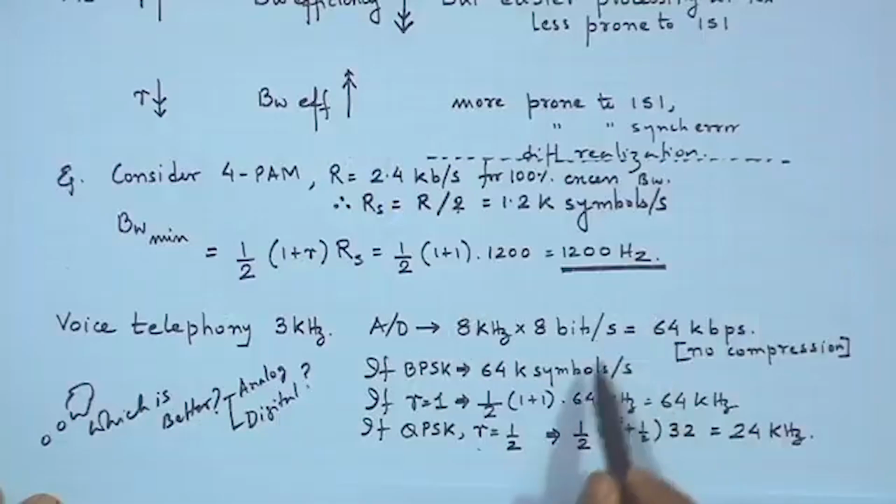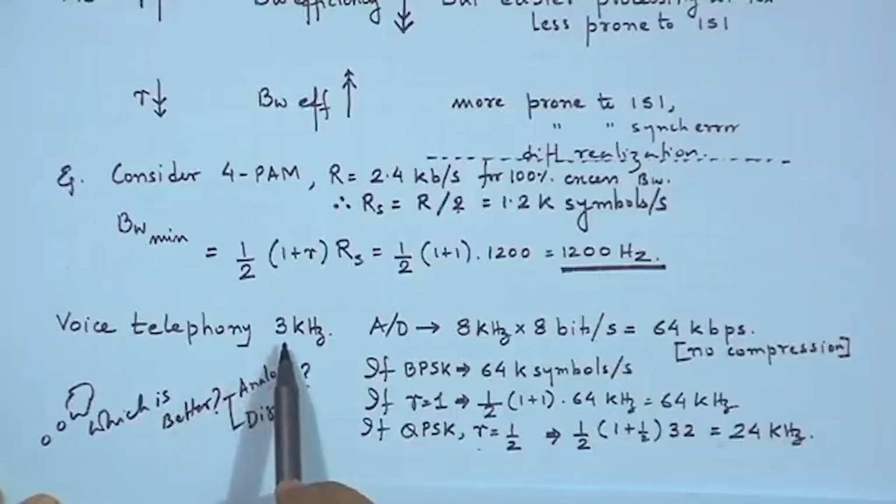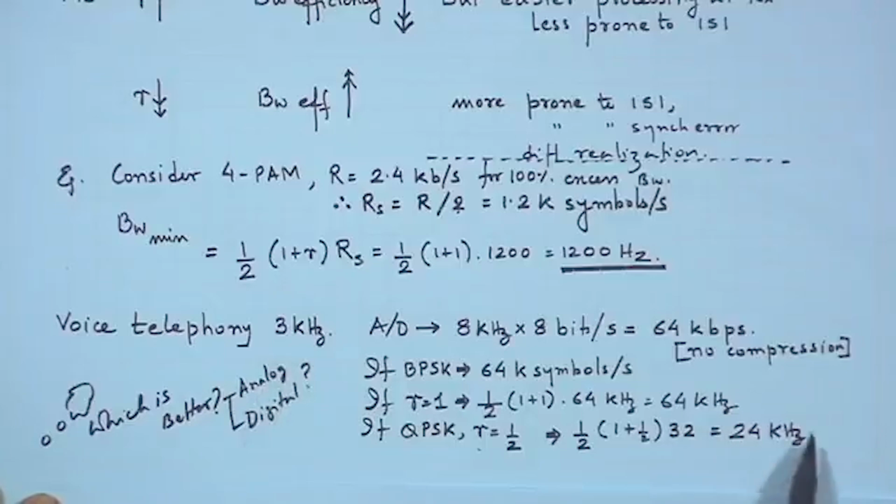Because, as you can clearly see, even after using R equal to half and higher order modulation, we still require 24 kilohertz, whereas in the case of analog signaling, you would not require more than, let us say, 4 kilohertz at most, or maybe 5 kilohertz. So, this is spectrally much less efficient compared to analog, at least in this pseudo example. So, whether it makes sense to use digital communication is something we should start thinking about.